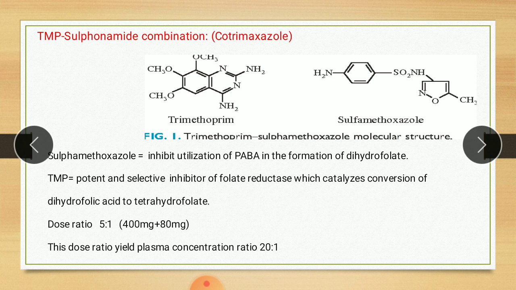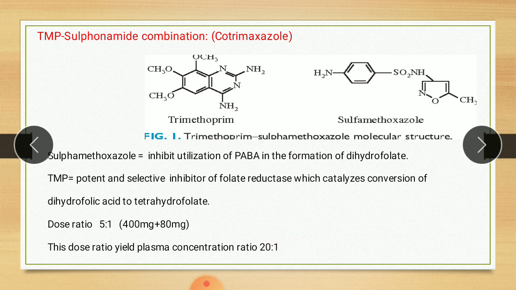Therefore, sulfamethoxazole is co-administered with trimethoprim in a fixed dose 5:1 ratio. So it is a dose ratio, mainly 400 milligram plus 80 milligram of drug. This ratio yields a fairly constant plasma concentration of sulfamethoxazole and trimethoprim of 20:1.